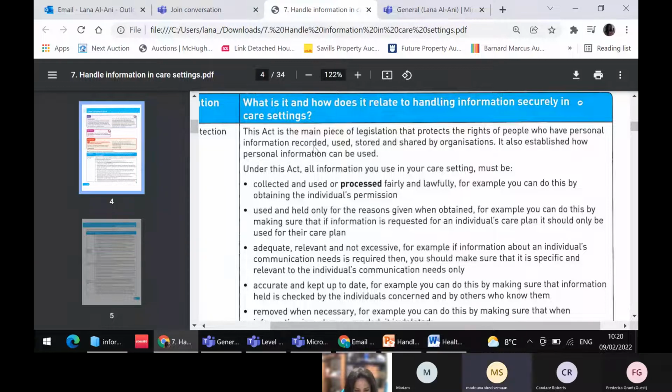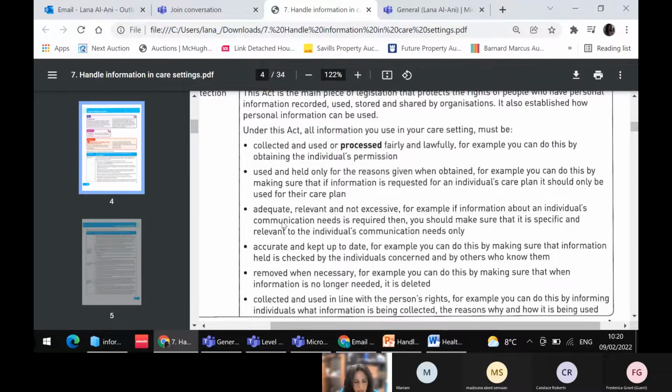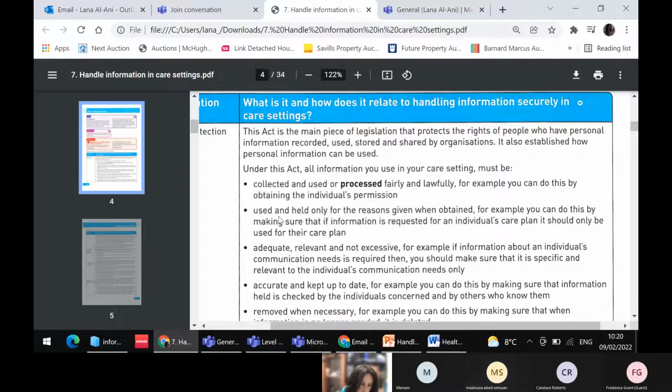Under this act, all the information you use in the care setting must be, first of all, collected and used or processed fairly. These are important points. You need to write them in your own way.